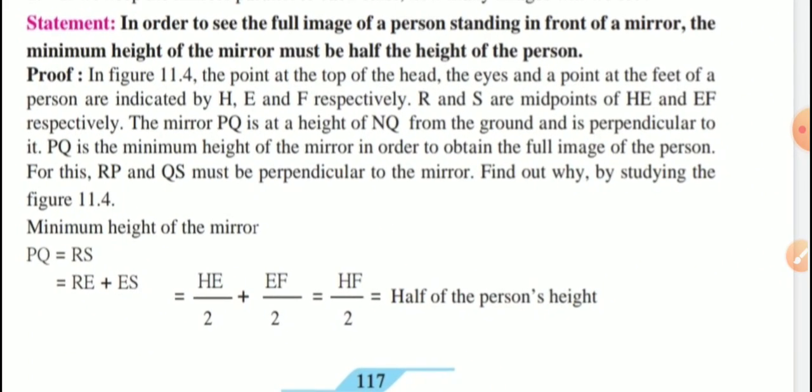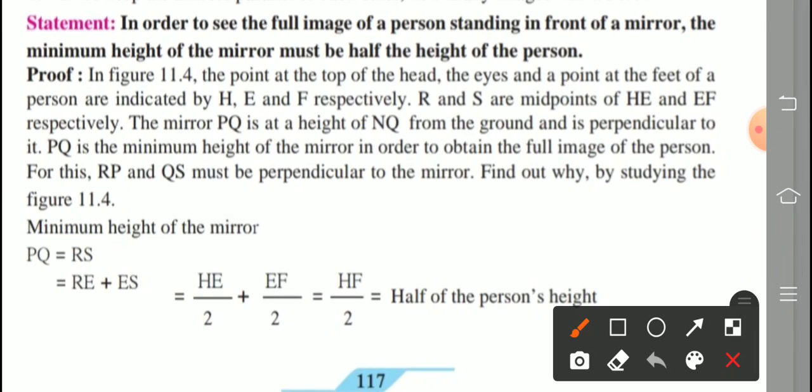See the explanation. In figure 11.4, the point at the top of the head, the eyes, and a point at the feet of a person are indicated by H, E and F respectively. R and S are midpoints of HE and EF respectively.